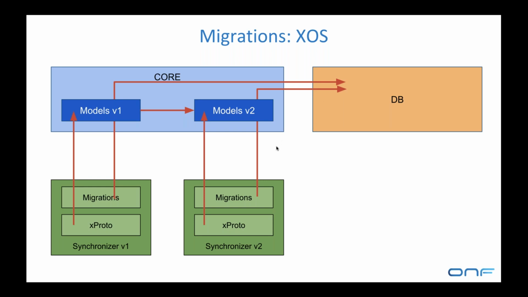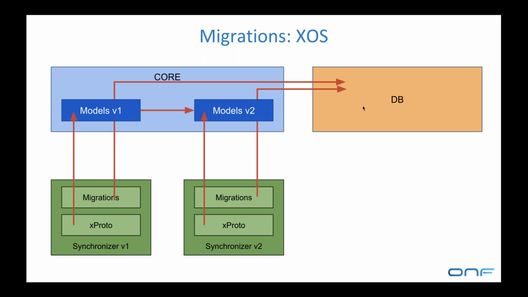So this is what we are testing now, and it's what we are going to do, as Matt suggested, for a tech profile. We are going to create a new model to host information about the technology profile, and when we load version 2 of the OLT synchronizer, that will extend the models and extend the database with this new information.